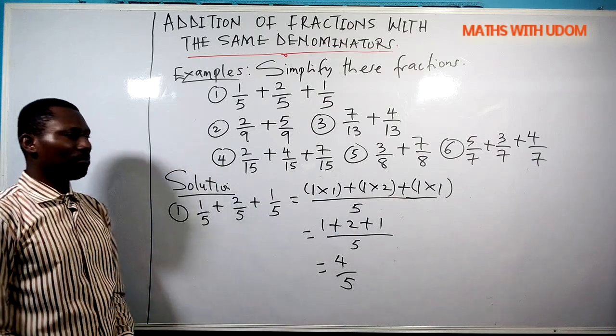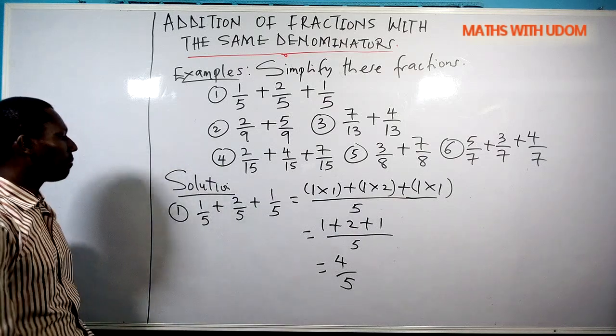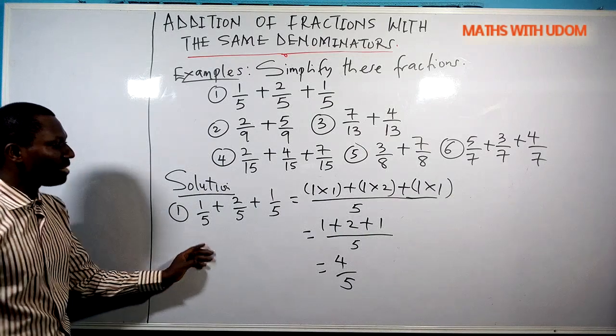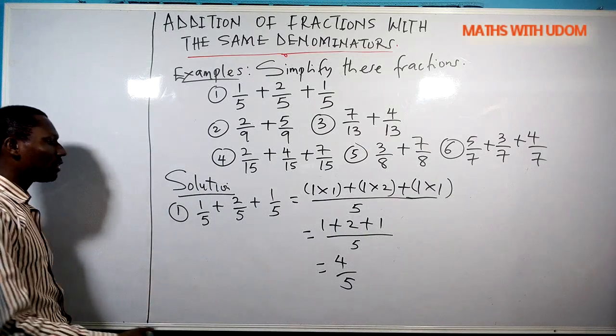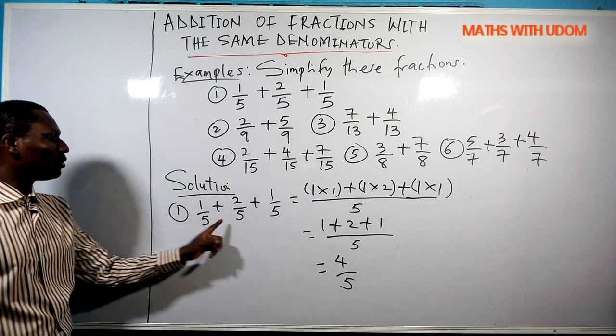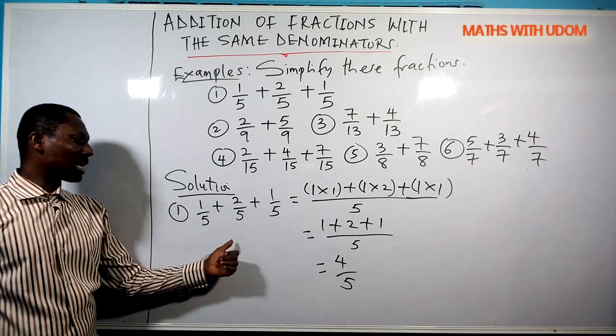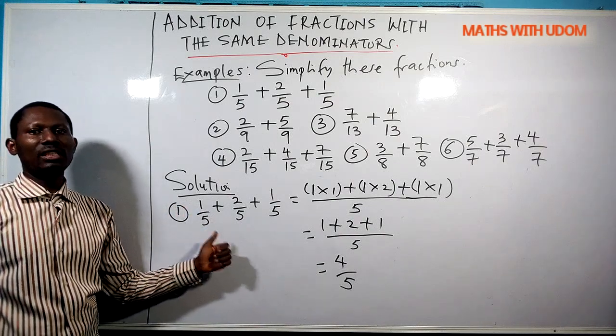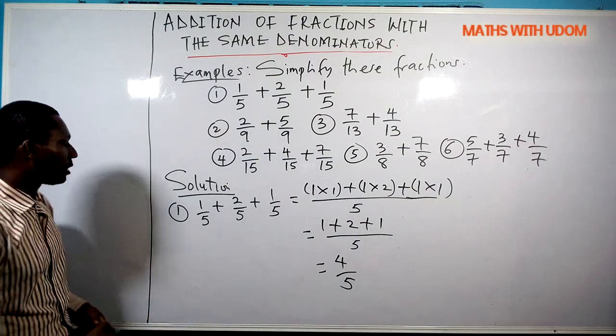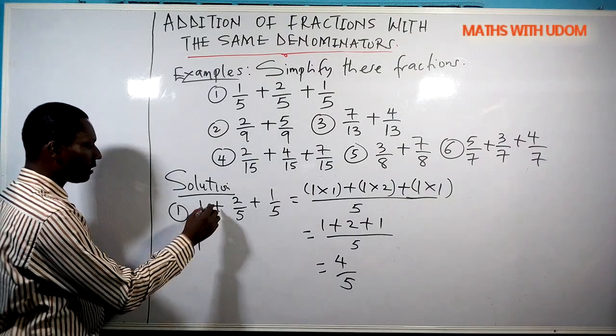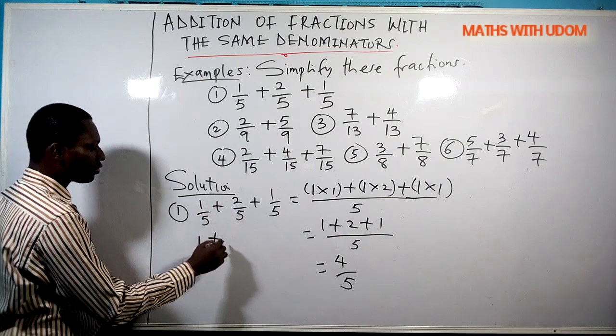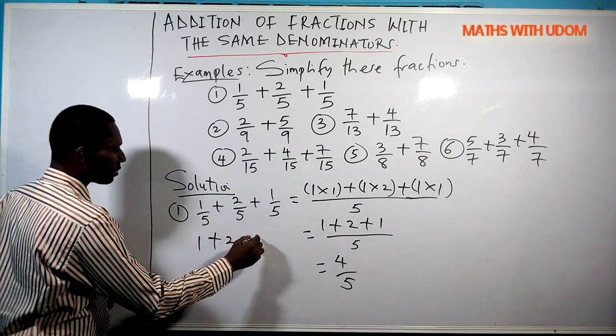Then we have the second method. What is the second method? The second method is that since we have the same denominators all through, all we need to do is to add all the numerators together and place our results over the denominator 5. So we have 1 as our numerator plus our next numerator 2, plus our next numerator 1.